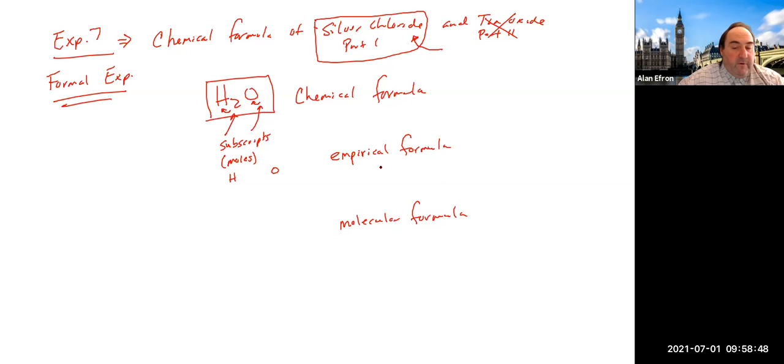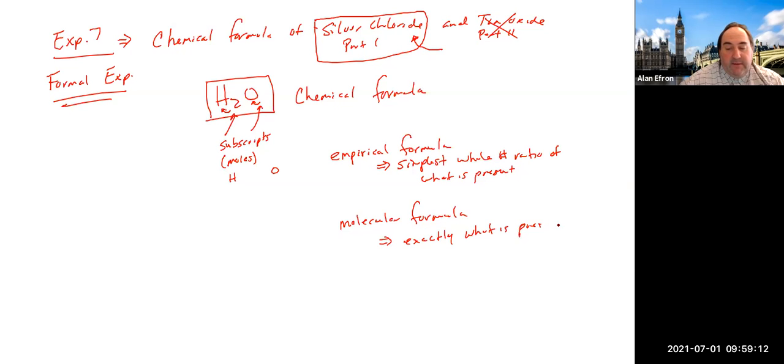The empirical formula is the simplest whole number ratio of what is present. The molecular formula tells us exactly what is present in terms of the elements.